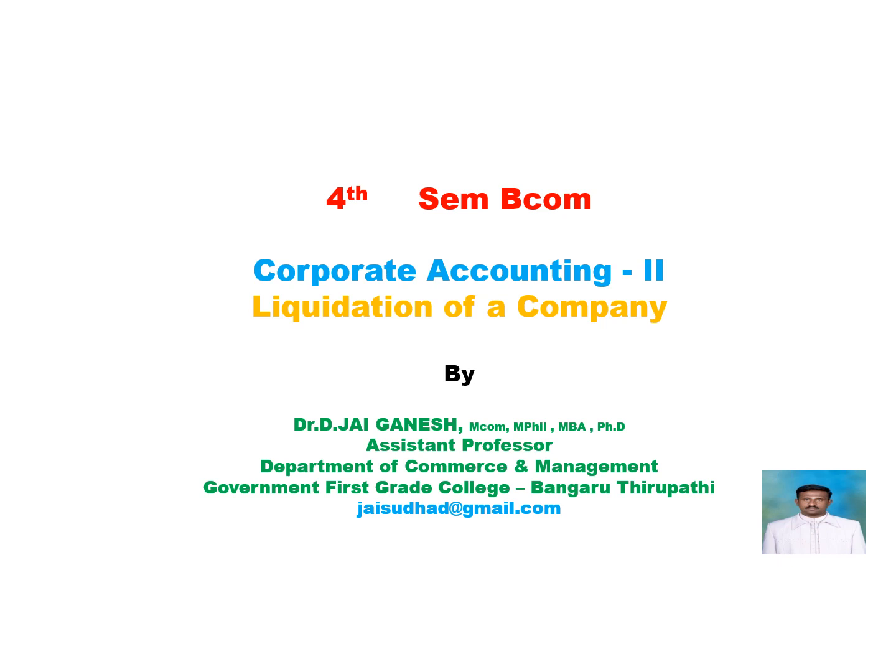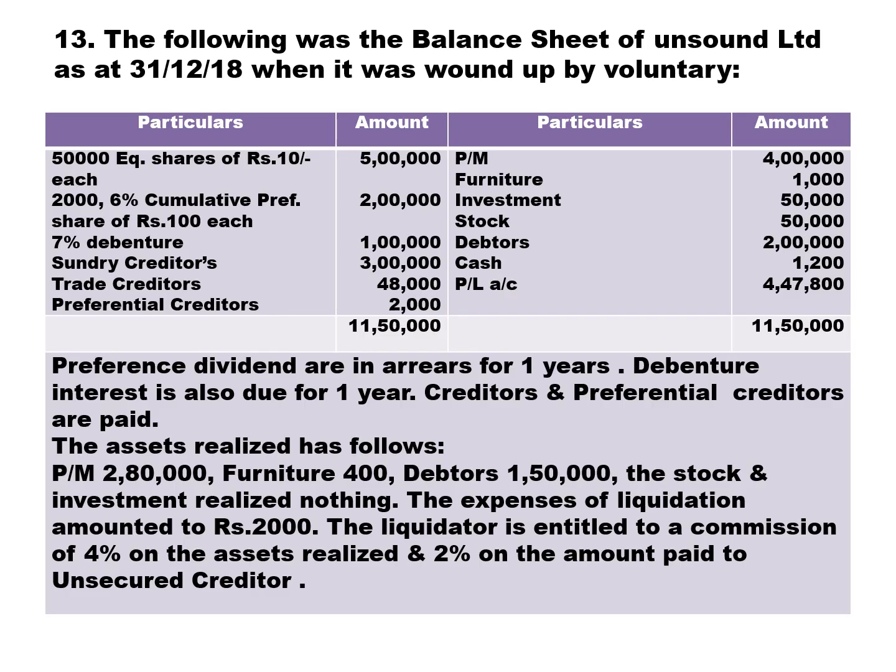Today we are going to solve the 13th problem in case of liquidation of a company. The following was the balance sheet of Unsound Limited as on 31/12/18 when it was wound up voluntarily. We had 50,000 equity shares of rupees 10 each, 2,000 6% preference shares of rupees 100 each.